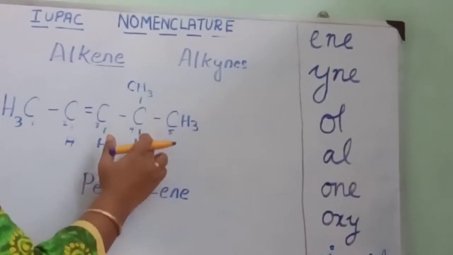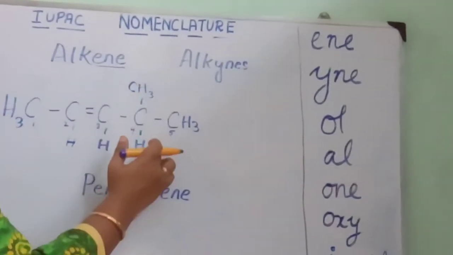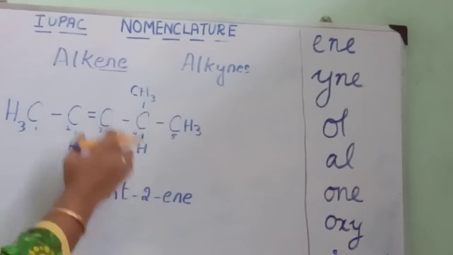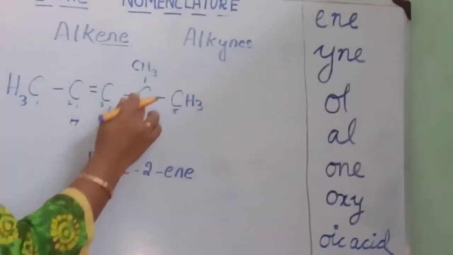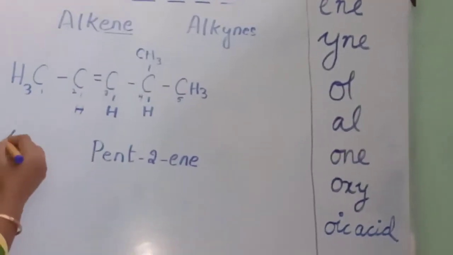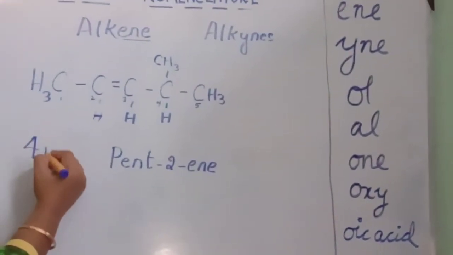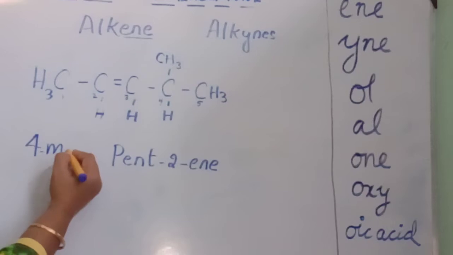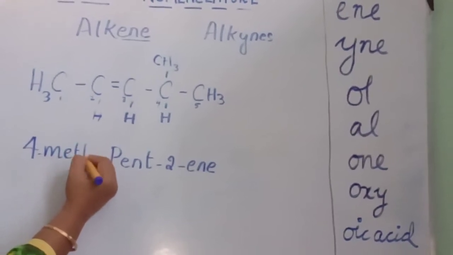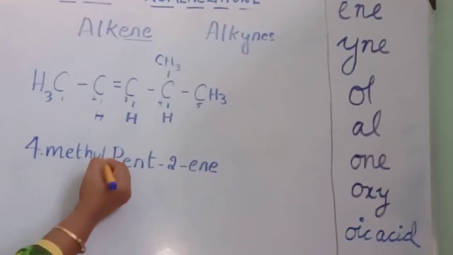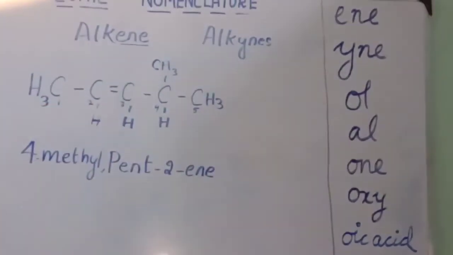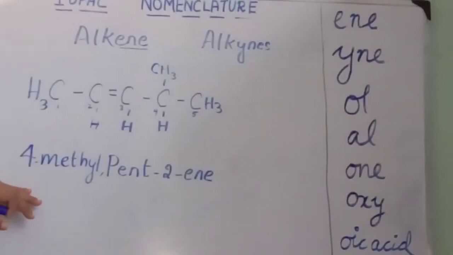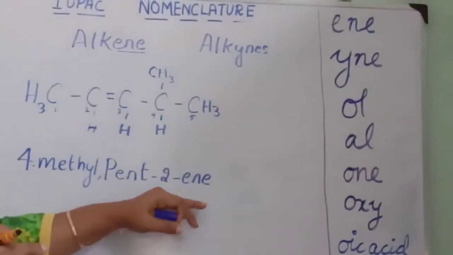So the substituent, the methyl group, will get the 4th position. So now we have a prefix: in the 4th position you have a methyl. So the name of the compound is 4-methylpent-2-ene.